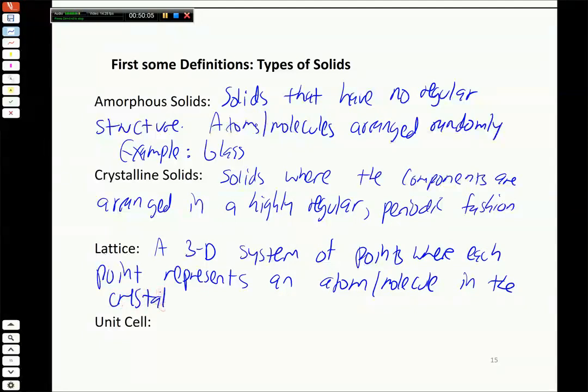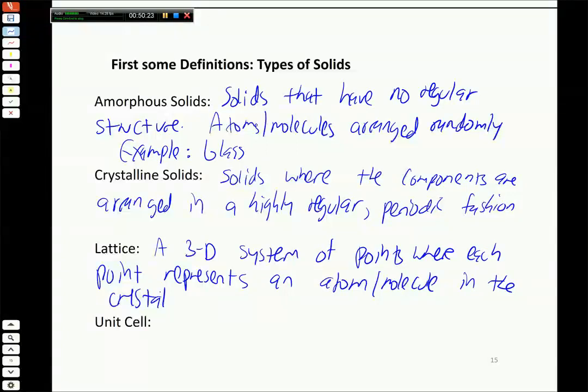So the lattice is essentially a regular repeating pattern that extends in all directions for the solid, and that's going to represent the arrangement of those atoms or molecules in that solid.